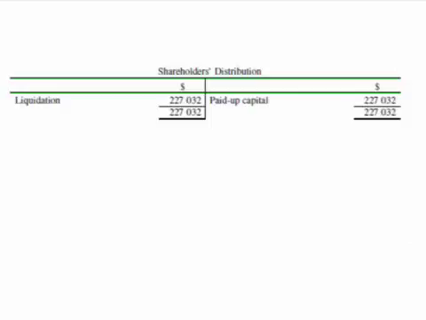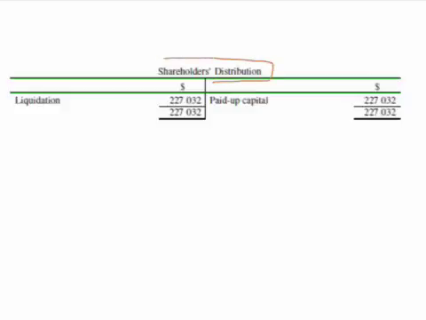The last entry then is, and with this we actually close off all the accounts in the general ledger, where the paid up capital is transferred from the share capital account to the shareholders distribution account.